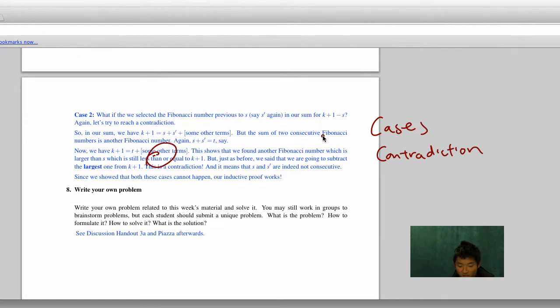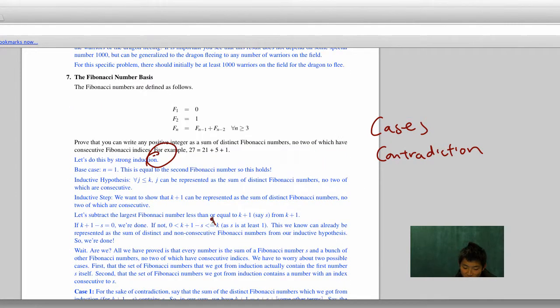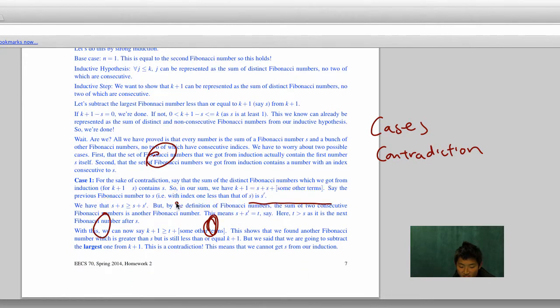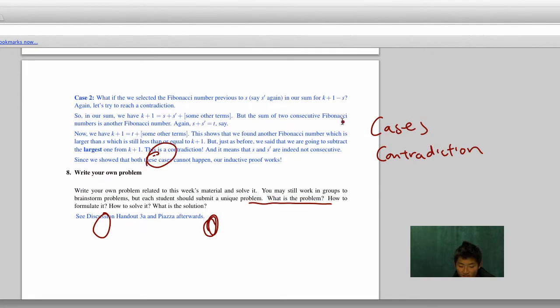Now, case 2 is the fact that when we assumed that this little quantity was here, the Fibonacci numbers could clash with the biggest Fibonacci number in terms of consecutiveness. And so we take a look at this via contradiction and show that this cannot happen.